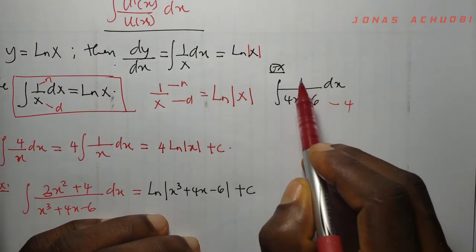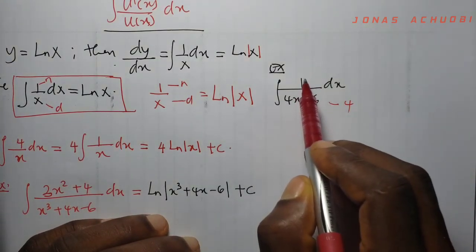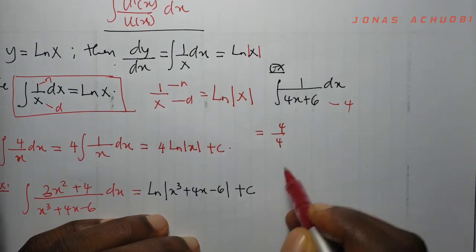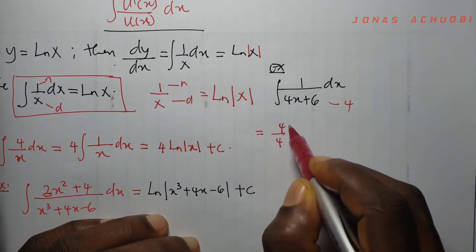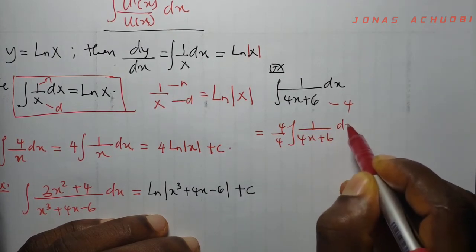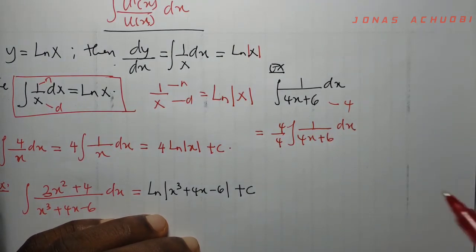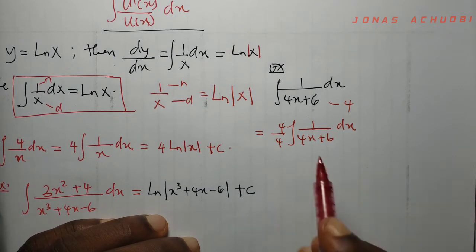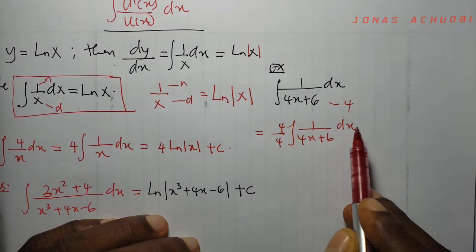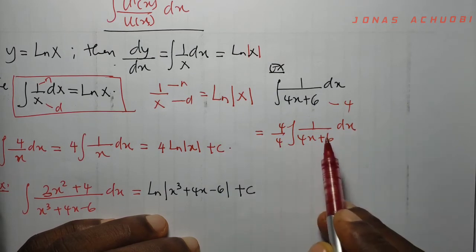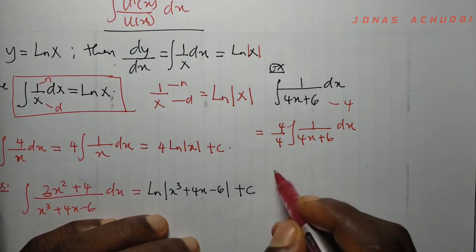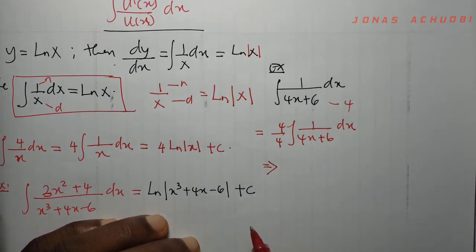What we need in the numerator is 4 and not 1. So if I write 4 over 4 outside the integral and now write integral of 1 over 4x plus 6 with respect to x, I have not changed the integral because 4 over 4 is 1. And this simply means multiplying the integral by 1, which does not change the integral. So 4 over 4 is just 1. Why have I done this? It shall be clear in a second.